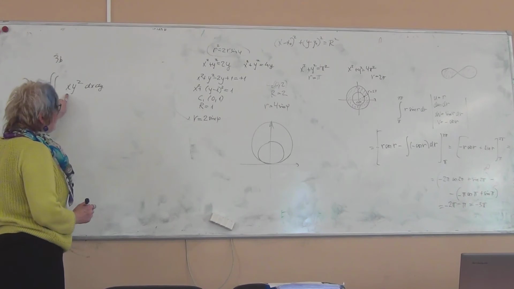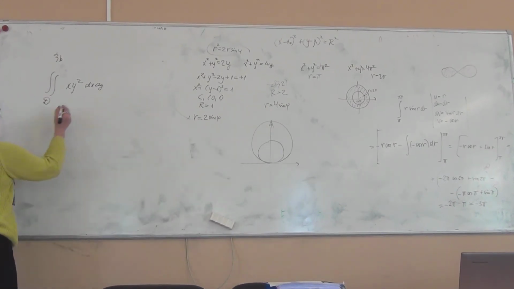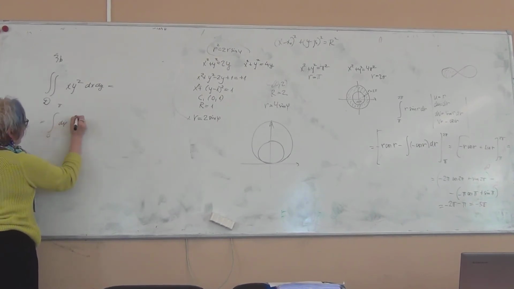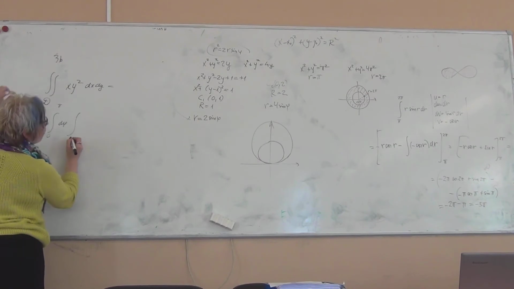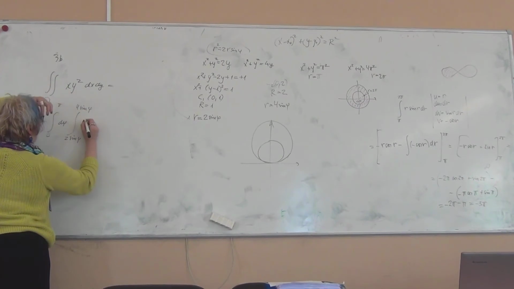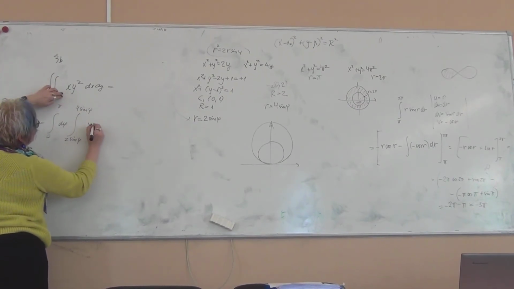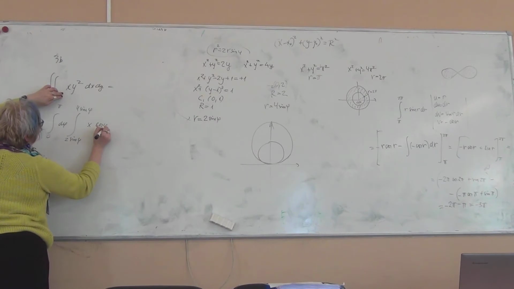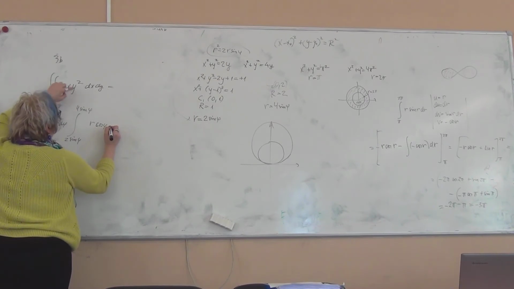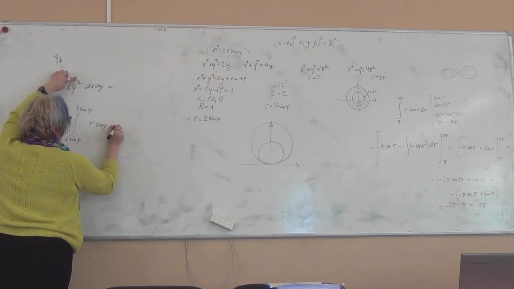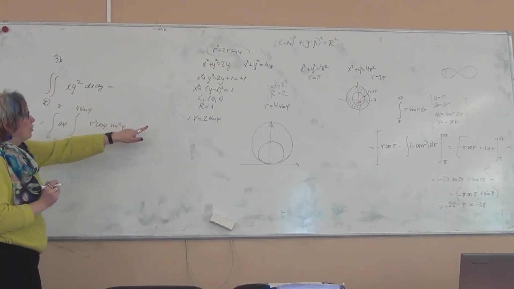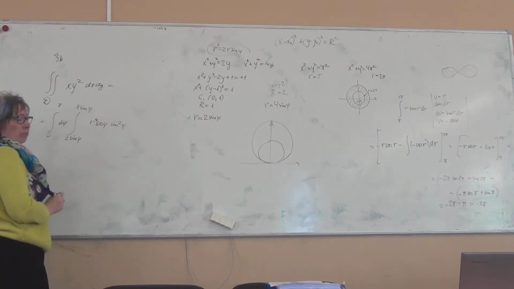Now this function, let's see. This will be transformed, so from 0 to pi d phi, and r goes from 2 sine phi to 4 sine phi. The function is x times y squared: r cosine phi times r squared sine squared phi, so it's r cubed, but we still need the extra r from the differential, so it's actually r to the 4th.